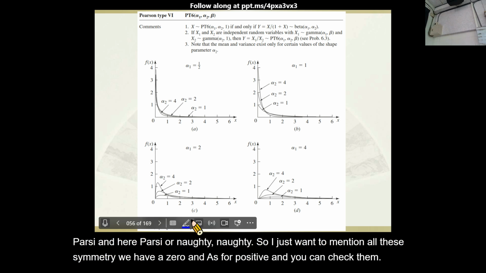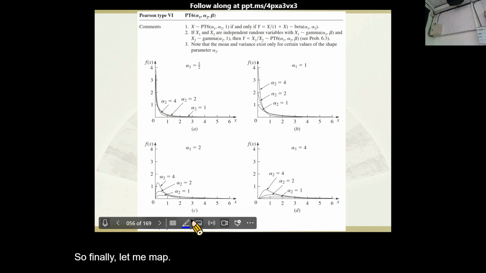So finally, let me make sure again. Here, the 4 figures, positive or negative skewness? Shashank? Yes, positive or negative. Again, it's positive. So we have a trend, somewhat like this way, and then it's positive. Or otherwise, it's negative.